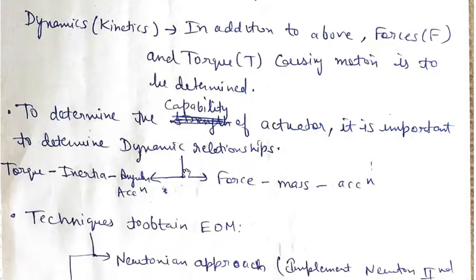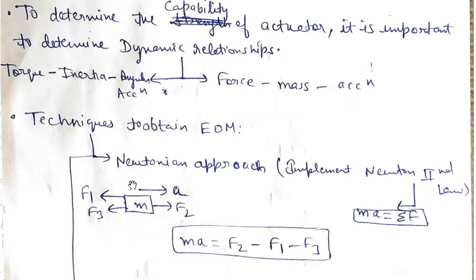Now what is that relationship? If I talk about rectilinear motion, then it means force, mass and acceleration. At the same time when I talk about rotary motion, the force is replaced by a torque, mass is replaced by the inertia, and acceleration is replaced by the angular acceleration alpha. So we will use these equations.